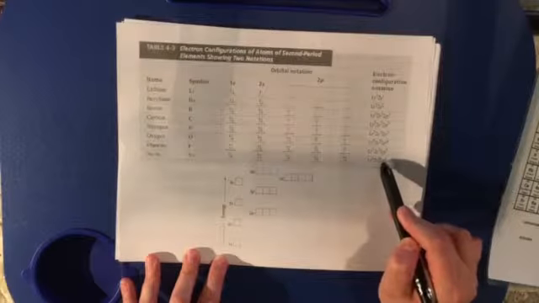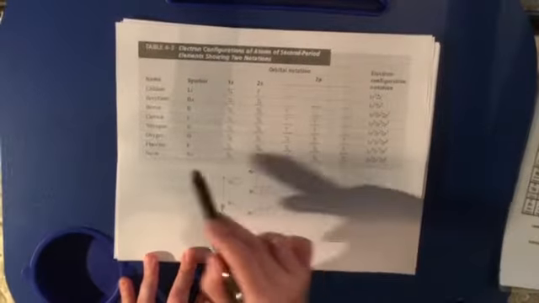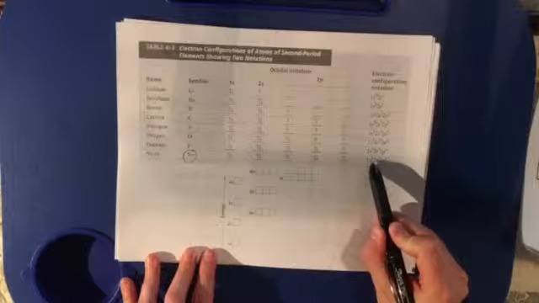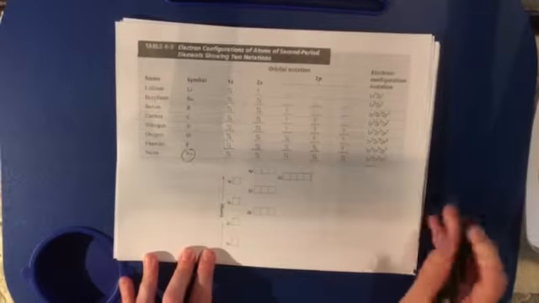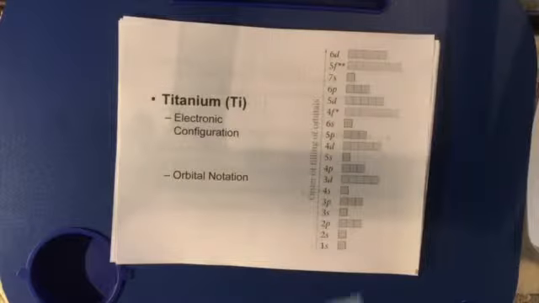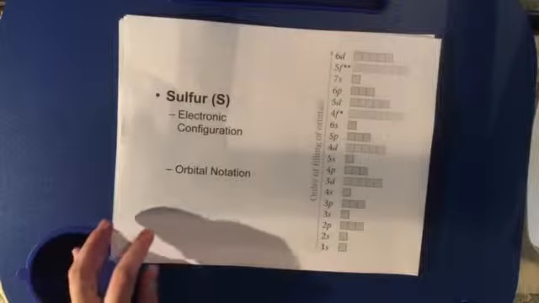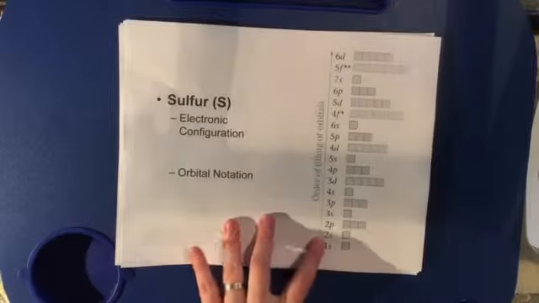If you add up all of these, you'll get the same number of electrons as are in the element. So neon has 10 electrons. Its electron configuration has 2, 2, 6, which is 10 electrons. So a lot of this is just practice until you get the hang of it.